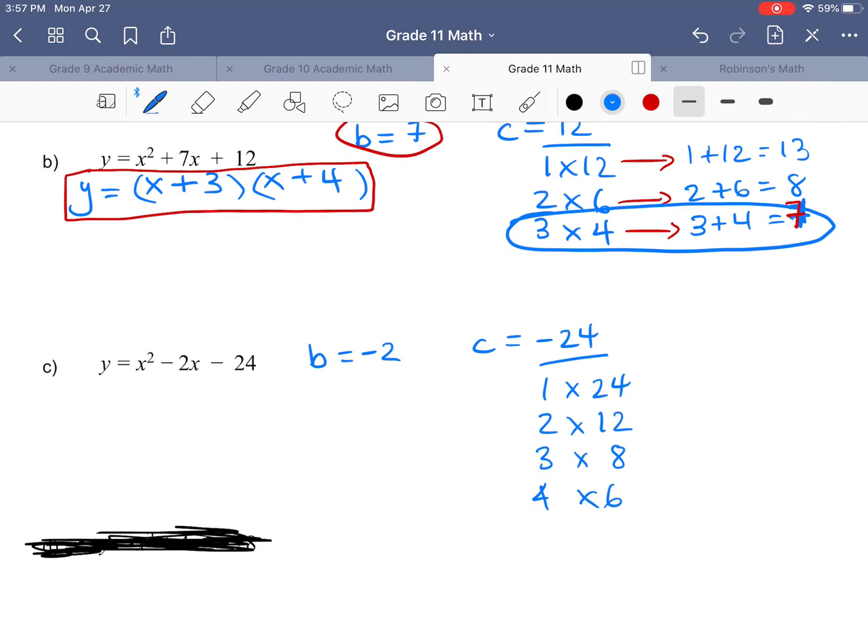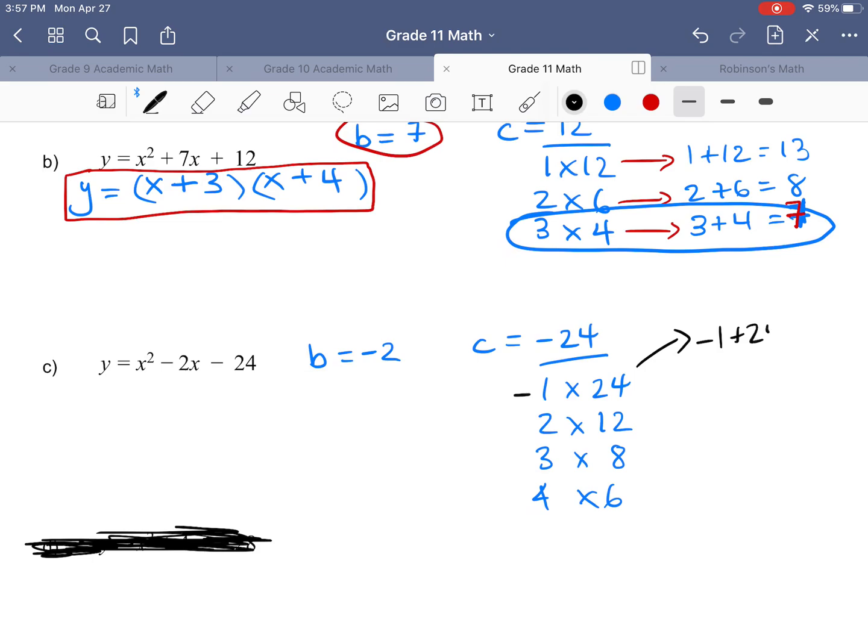So I'm going to start off with 1 times 24, and I'm going to say, okay, well, what if we had a negative 1? Okay, so negative 1 times 24, that gives us negative 24. And now, if we have a negative 1, we need to check and see if this is going to add to negative 2.